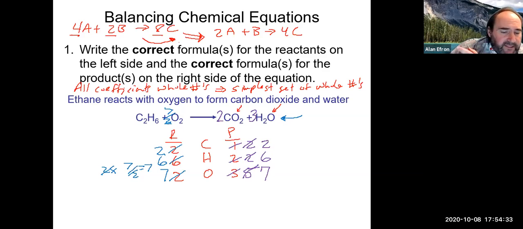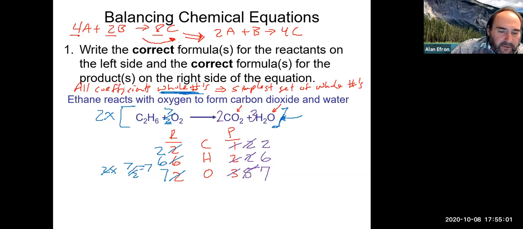Now this equation is balanced, but it is problematic because my rule is that they all need to be whole numbers. In this case, you absolutely can use a fraction to balance it, but if you use the fraction, you then need to get rid of it to have the properly balanced equation. To get rid of a fraction, we multiply everything by the number on the bottom, the denominator.